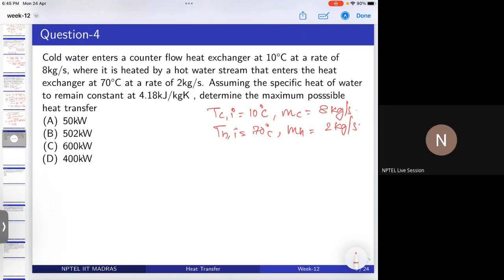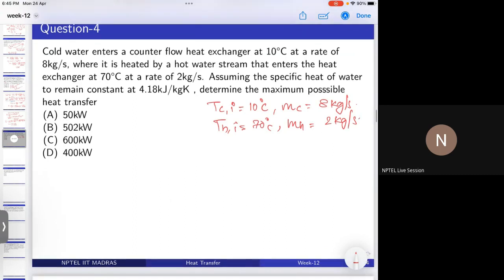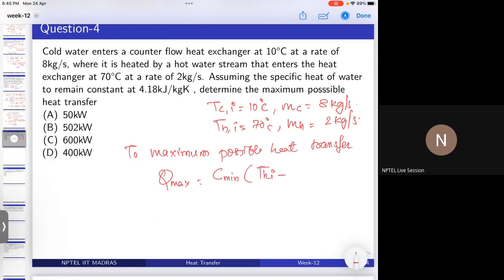Yes, sir, at the minimum heat capacity. So for maximum heat transfer, Q max happens when the heat capacity is minimum and the maximum temperature difference takes place.